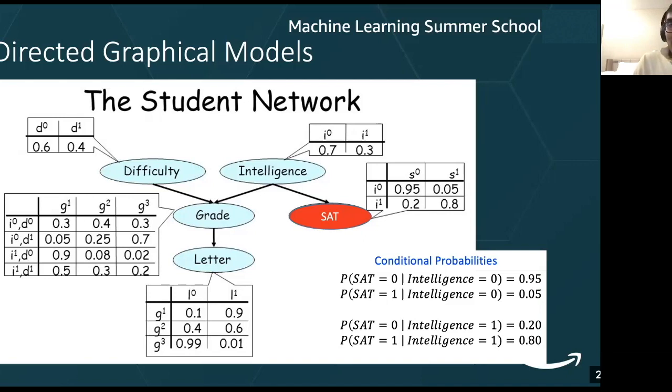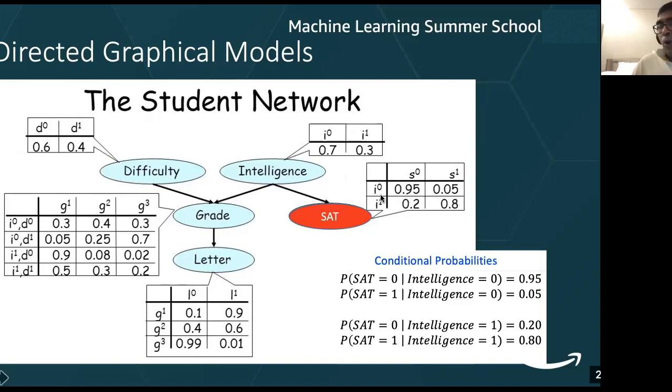So since SAT depends on intelligence, to enumerate the probability distribution of SAT, we will have to enumerate it for all possible values of intelligence. That is what is shown in this particular table, wherein you have the probability distribution conditioned over two different values of intelligence, with I0 being intelligence of 0, that is low intelligence, and I1 being high intelligence.